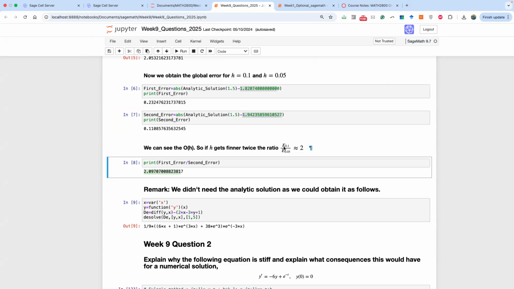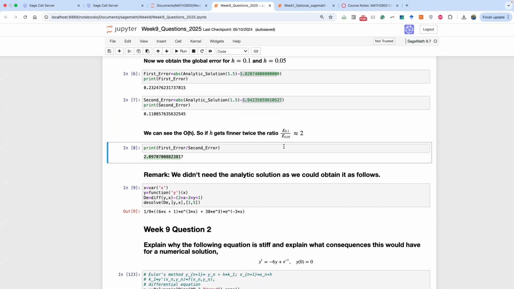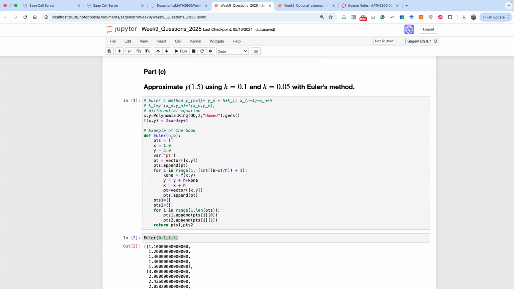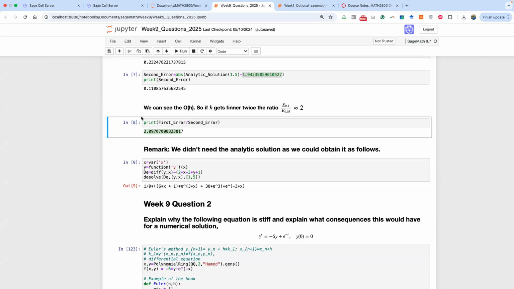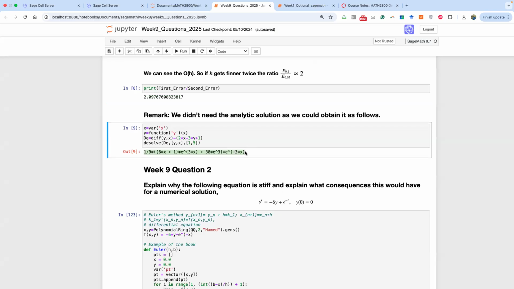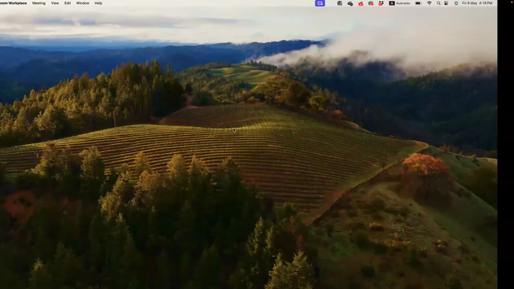It's the same thing. Also, another thing for your information: instead of writing the polynomial ring, we can write x as the variable and y as the dependent variable like this, and use y prime minus, putting everything on the left-hand side, and using the initial condition x equal 1, y equal 5. Still you get the same analytic solution as it's here.